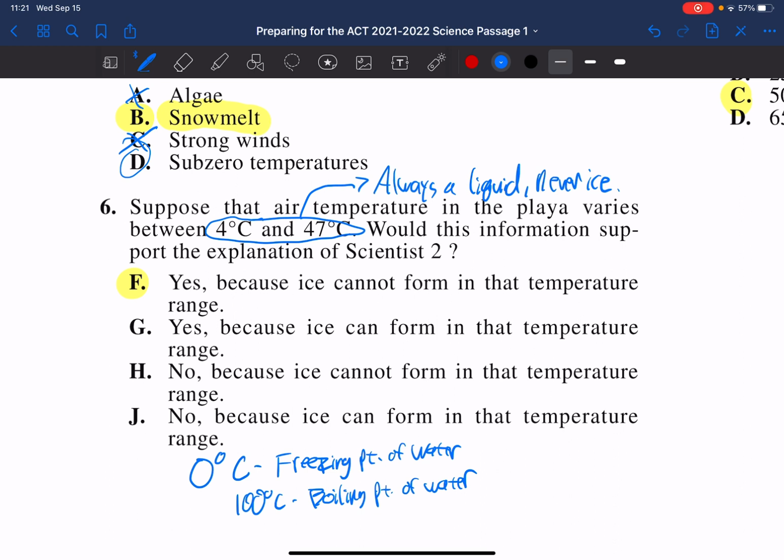So the question asks, would this information support the explanation of scientist 2? Well, if we look at our answers, can ice form within these temperatures? Well, no, it can't. So that means we can eliminate letter G and we can eliminate letter J because ice cannot form. But it still leaves the question, would this support the explanation of scientist number 2?